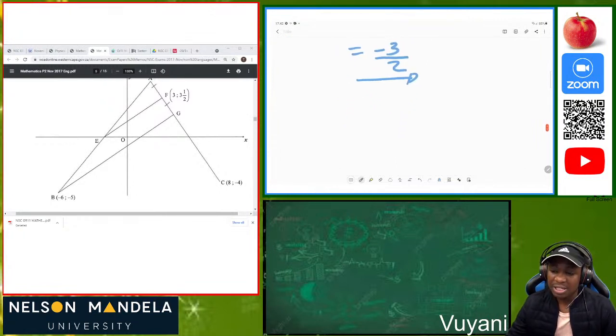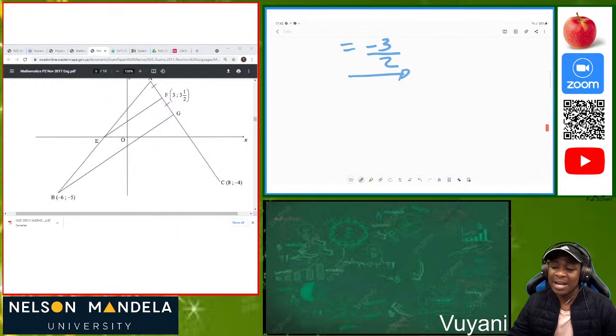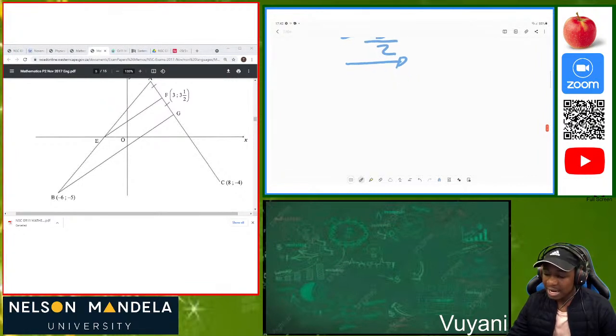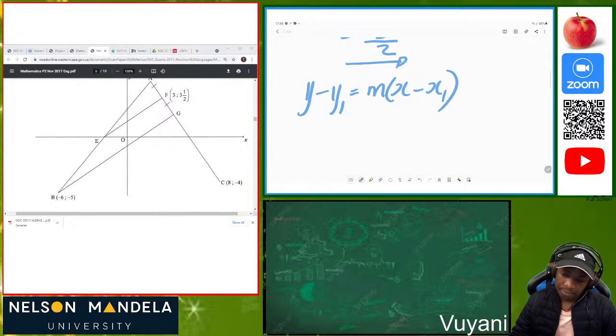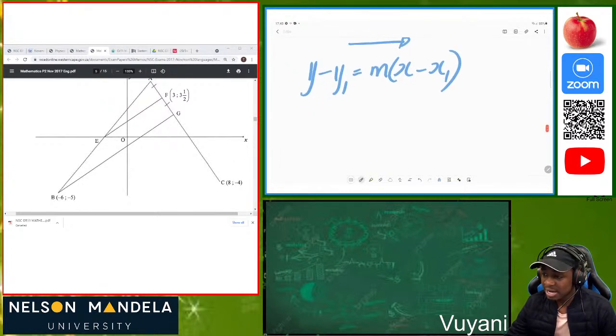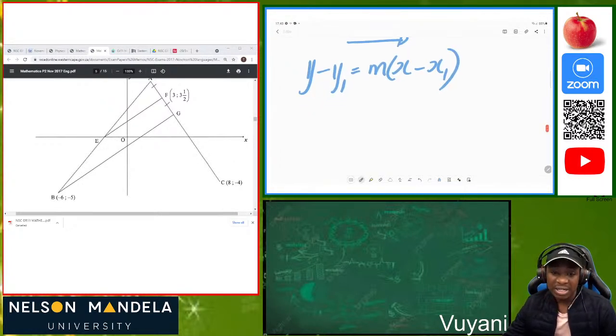We are not yet done, because they say determine the equation of the line AC. So what do we do after that? We use y minus y1 is equal to m times x minus x1. Let me just take point C, which is (8, negative 4).